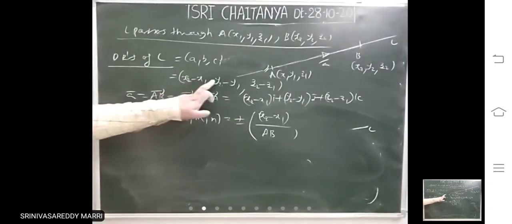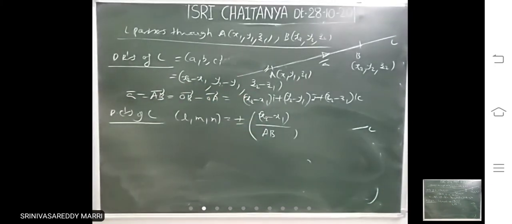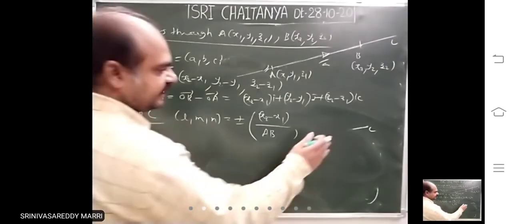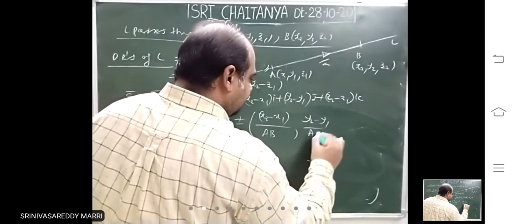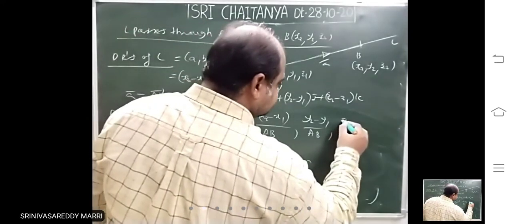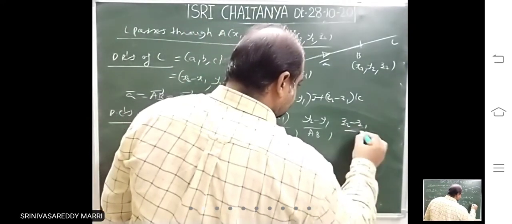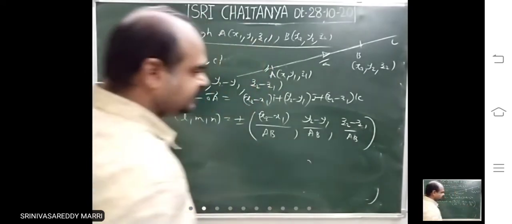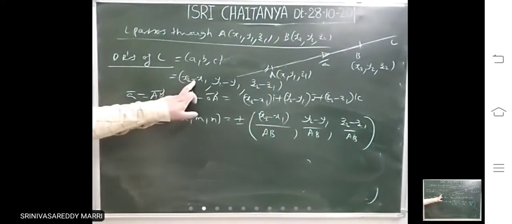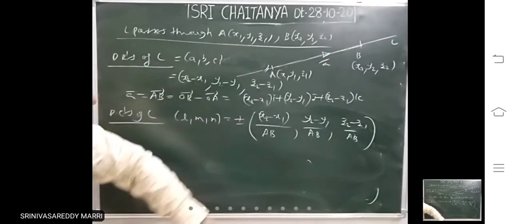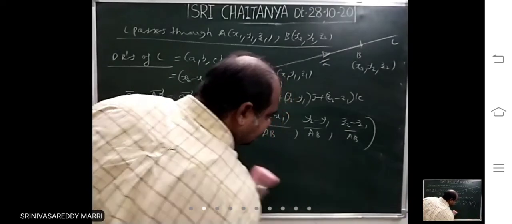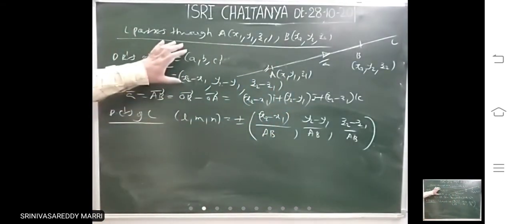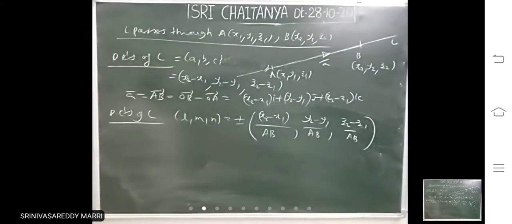So y2 minus y1 divided by AB distance, these are the DCs. First we calculate this, and then by using the l, m, n formula we calculate the DCs of that line. First calculate DRs and then DCs.